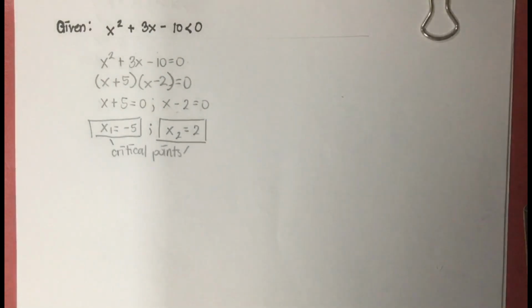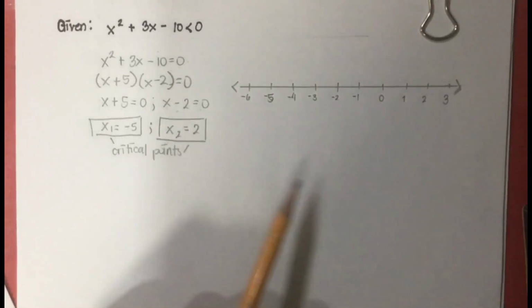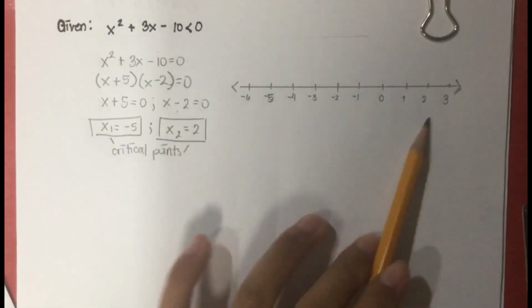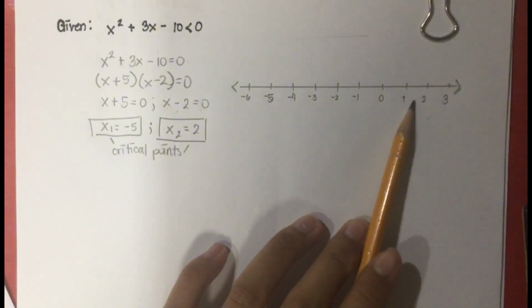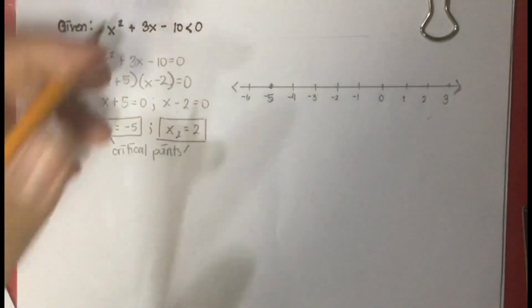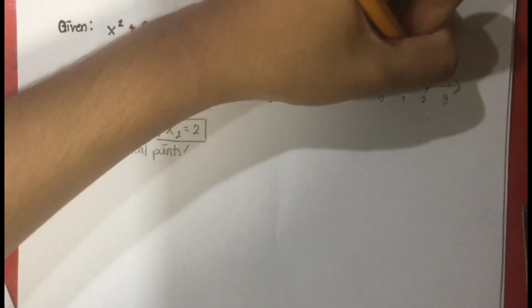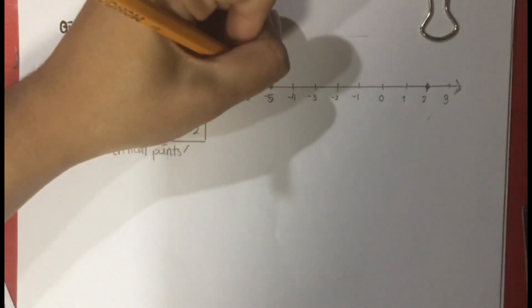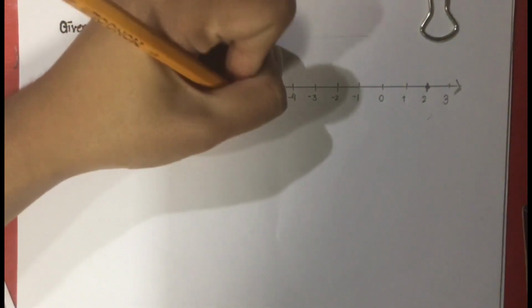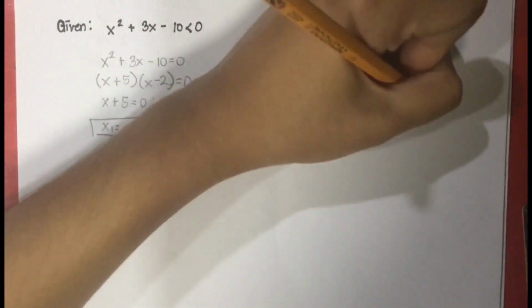What we're going to do is add our number line. So this is our number line. We have negative 5 and positive 2. We're going to add a broken line to separate each region.